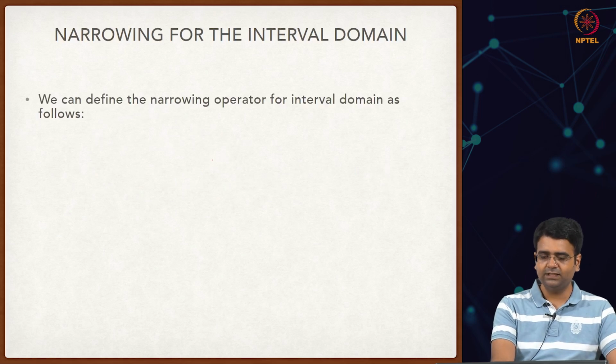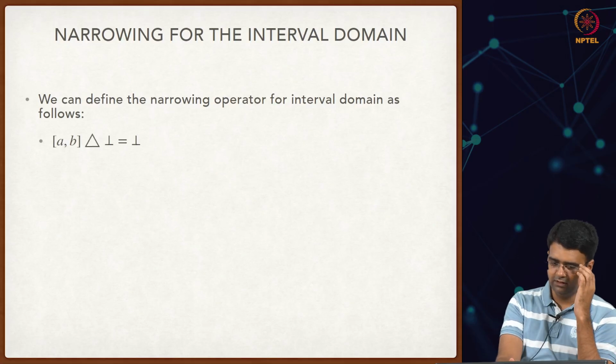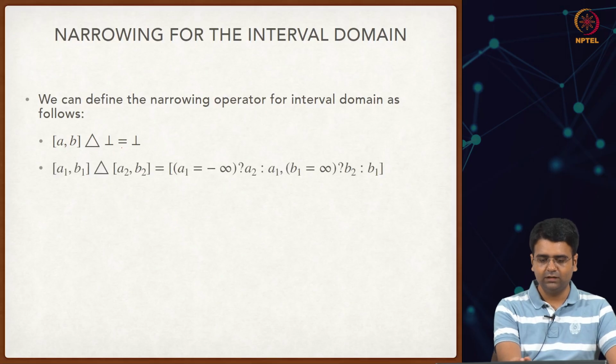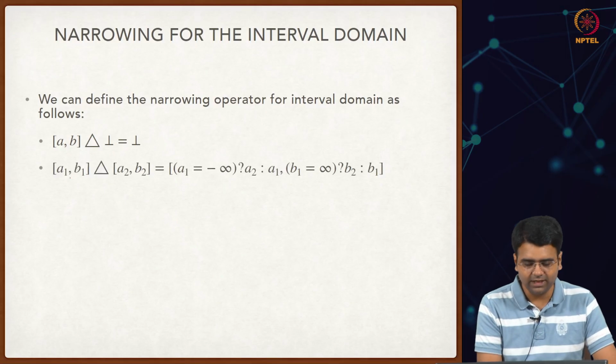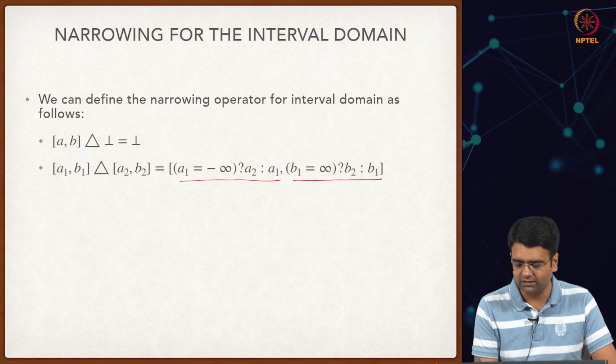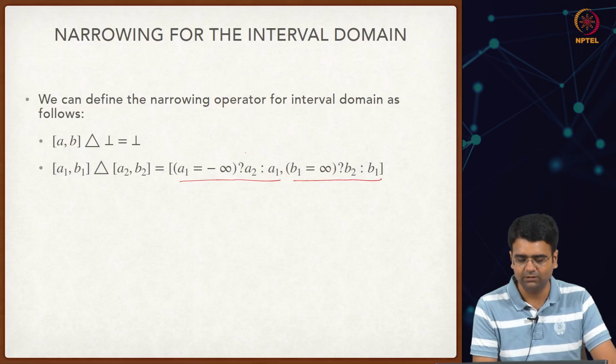So the narrowing operator for the interval domain is defined in this fashion. If you have an interval a b, the narrowing operator applied on a b and bot is defined to be bot itself. The narrowing operator applied on a1 b1 and a2 b2 is defined in this fashion. The lower limit and the upper limit are both specified using this ternary operator, question mark and colon.